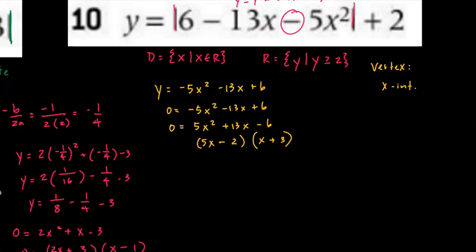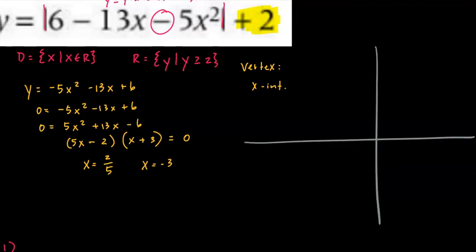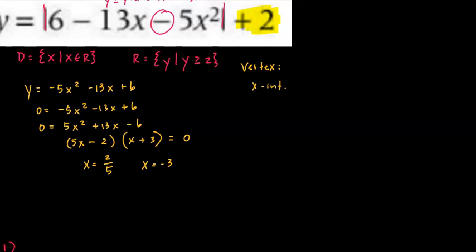Okay. So that is going to be equal to 0. And so x equals 2/5. Okay, and x equals -3. Okay, so let's start graphing these points. I don't want that. I don't want that either. Ooh, -3 right here.